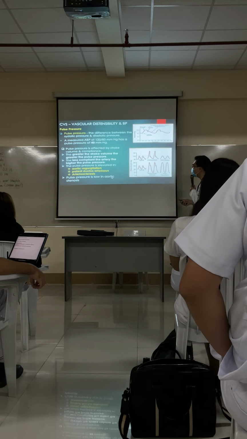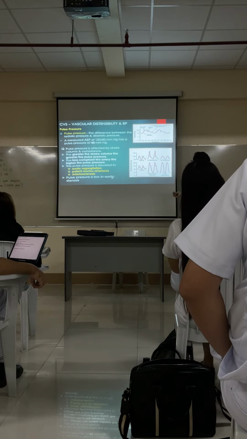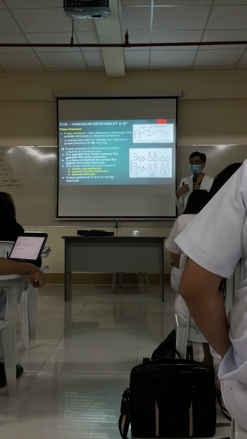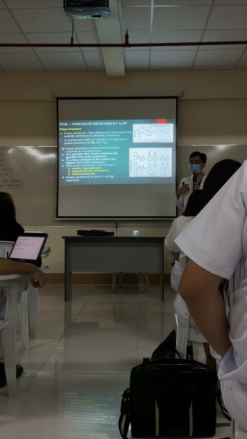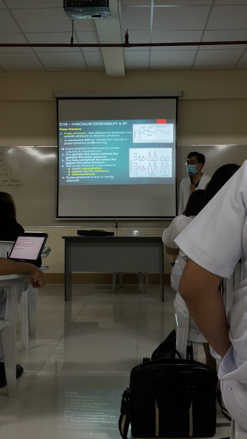Now let's look at aortic regurgitation. So in aortic regurgitation, systole wala namang problem. Lumabas yung dugo. Kaso lang during diastole, bumabalik yung blood papuntang LV. So what will happen to the blood volume in the LV? It will increase. On the next contraction, pag-contract niya, napakadami ng volume. Tama? So what will happen to the pressure during systole?